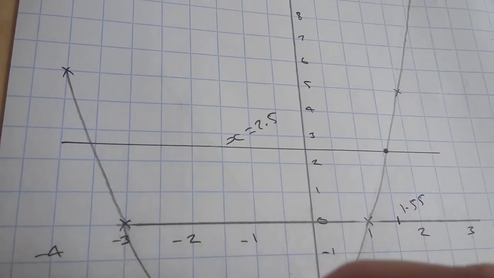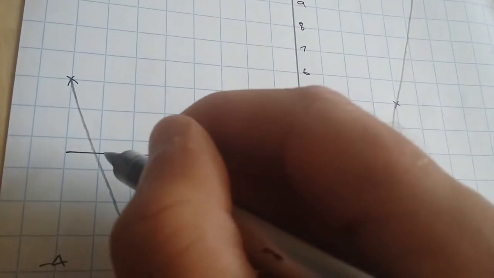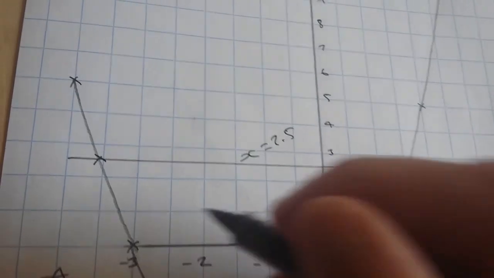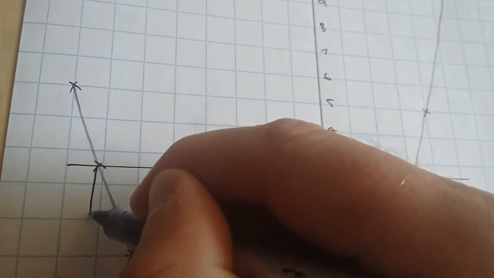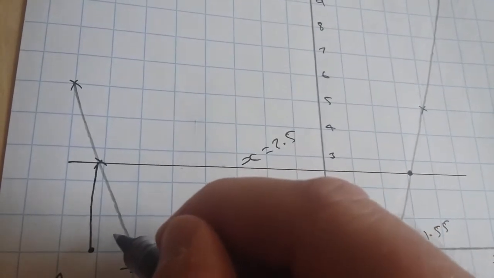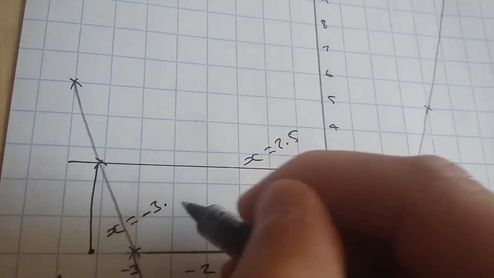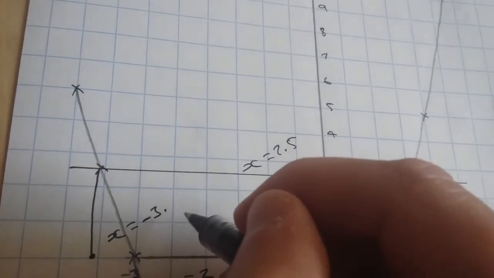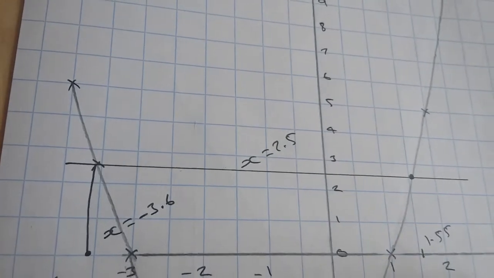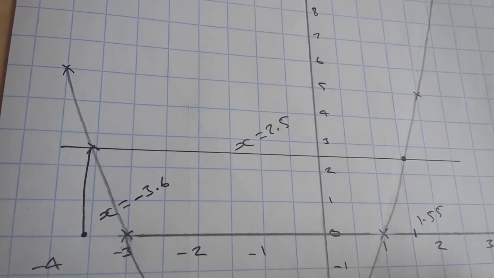And then over here, using the fact that the graph is symmetrical, I've carried on past there to again reach where it's 2.5. Read that down, and that comes out to be, I would estimate the value of x being minus 3.6 on this one, but minus 3.55 might also be suitable as well.